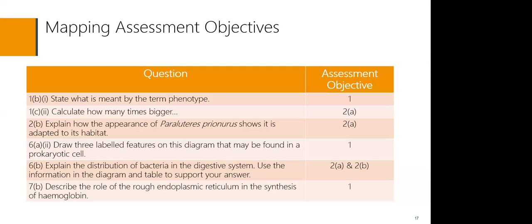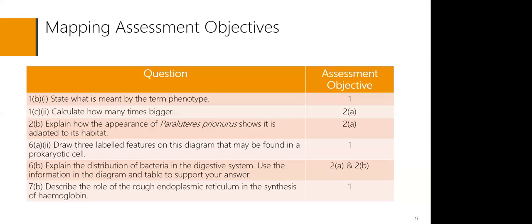They're given a prokaryotic cell and asked to draw 3 labeled features on the diagram. AO1, candidates are expected to know the structure of bacteria, and by drawing these structures, they're demonstrating their understanding. So the correct assessment objective is AO1.